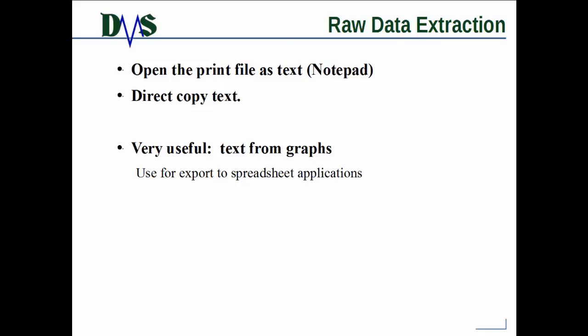Now that's really useful, especially because when you're viewing your report as a text file, any section that's a graph in the report shows up as data tables in the text file. And that's exactly what you want if you're going to export this into a spreadsheet application of some type. It's the straight data table. It's already nicely formatted. It copies very easily into Excel.